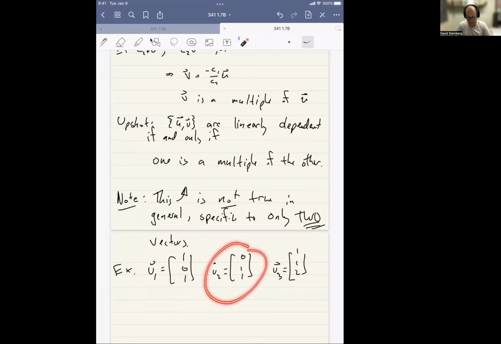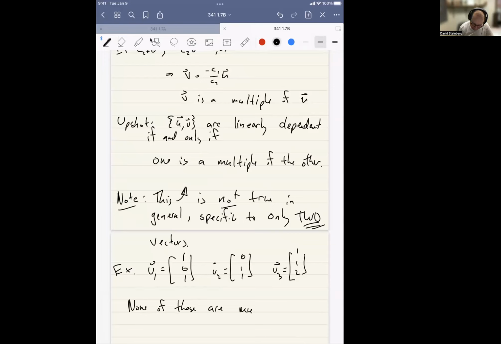Any multiple of v2 would still have a 0 in the first spot. And any multiple of v3 would either just be the 0 vector or have no zeros whatsoever. So none of these are multiples of each other.